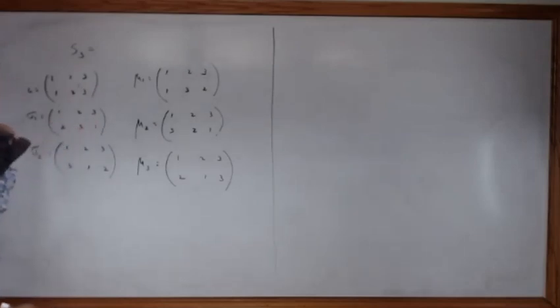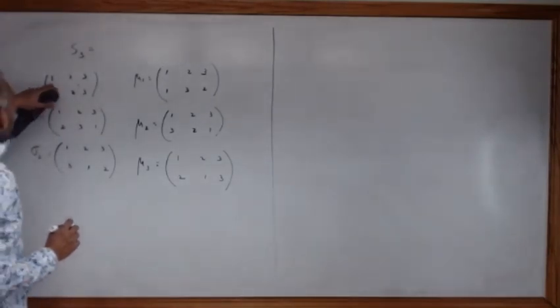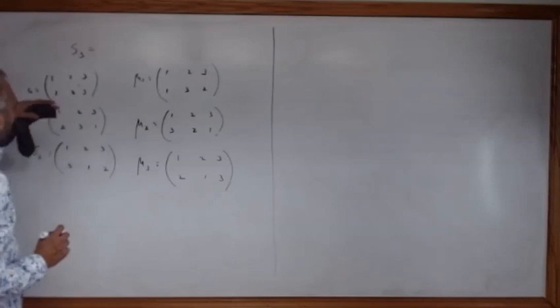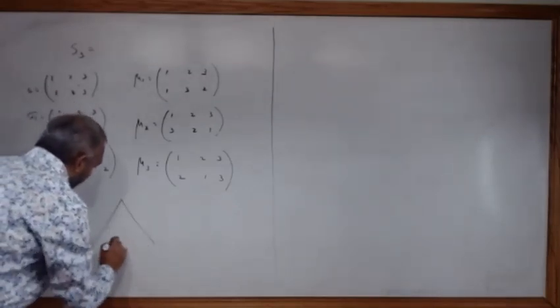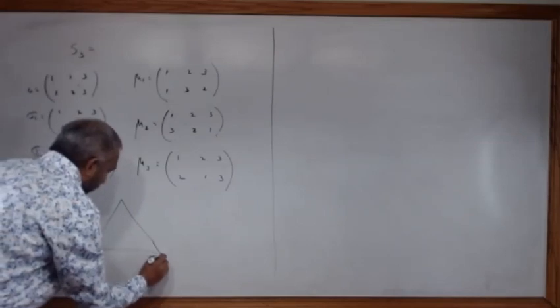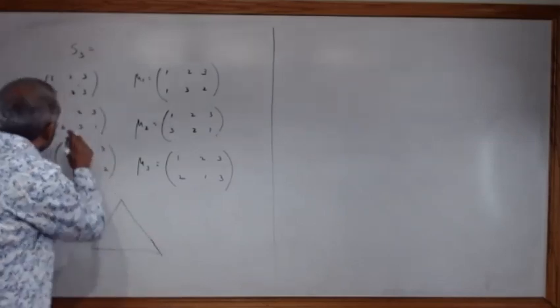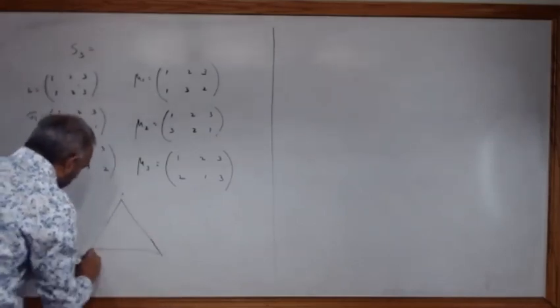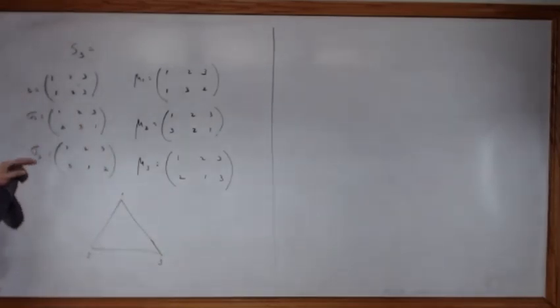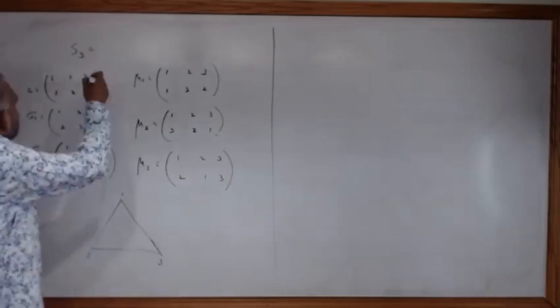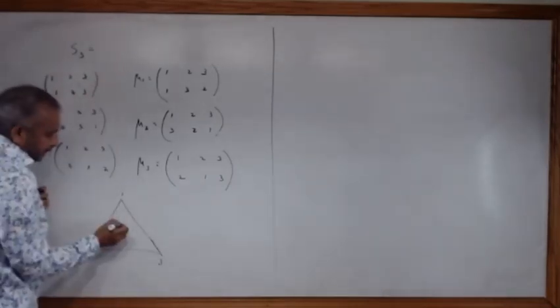Okay, now it's good. The reason for writing it like this is that it has some geometrical implications. Let us consider these three numbers as the vertices of a triangle, a polygon with three elements. So 1, 2, 3. The first row is this.